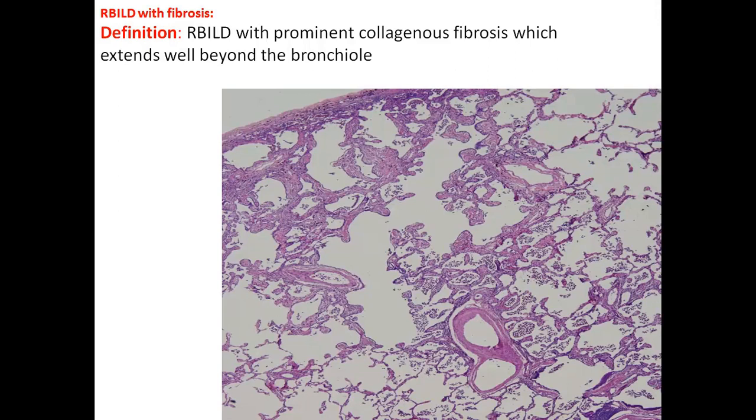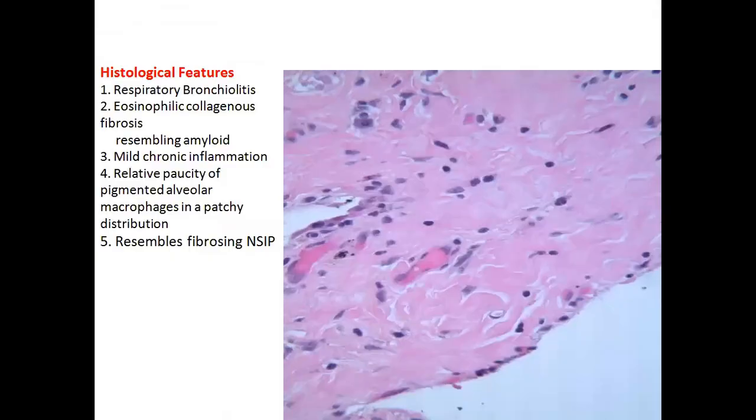As the name implies, there is prominent collagenous fibrosis, which commonly extends well beyond the bronchioles. On high power of this lesion, we can see eosinophilic, pinkish collagen present in these alveolar septa.